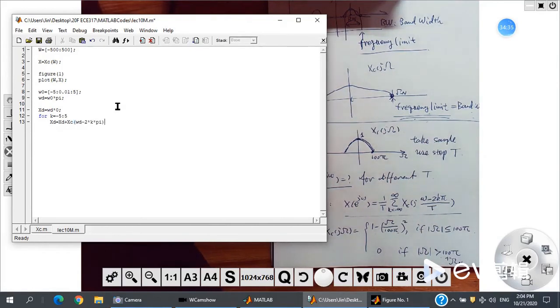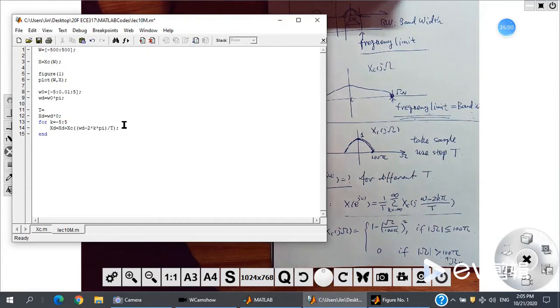And over T. Oh, I don't have T. Let me give what is T now. It is one. And what is T? We can choose different T. Okay, so first one we can just try the Nyquist one.